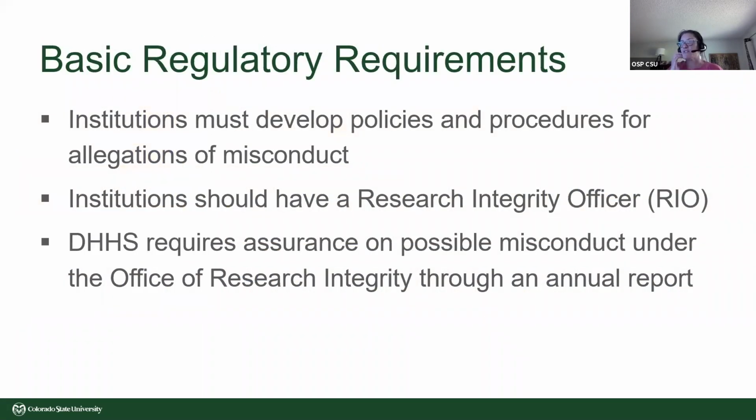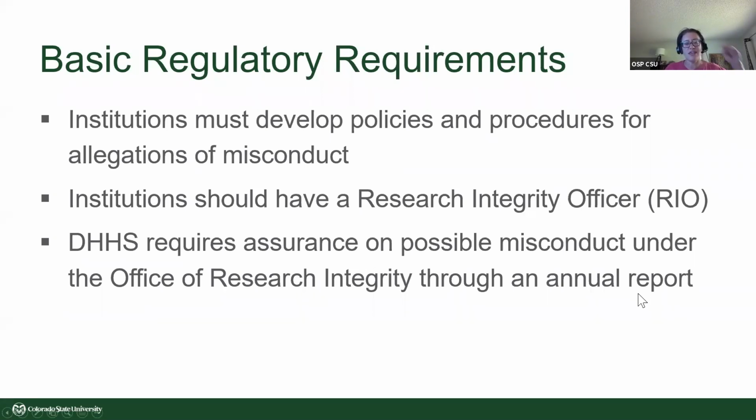So the basic regulatory requirements: institutions have to develop policies and procedures for handling allegations of misconduct. Institutions should have a RIO, a Research Integrity Officer. So at our institution, if you all didn't know, it's Ellen Fisher, who is an assistant VPR. And then also that we report any allegations of misconduct through an annual report.